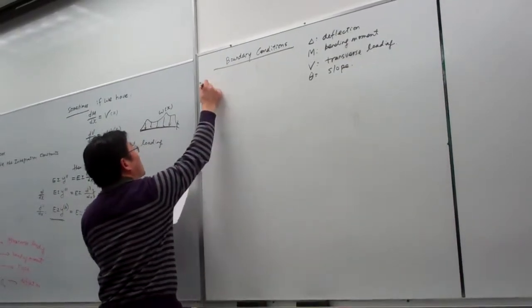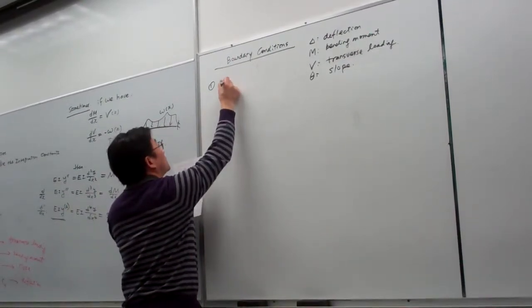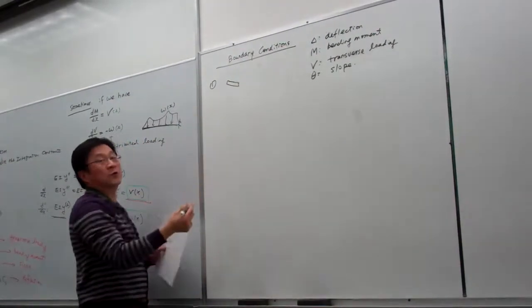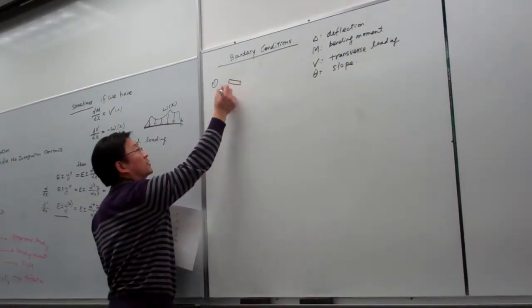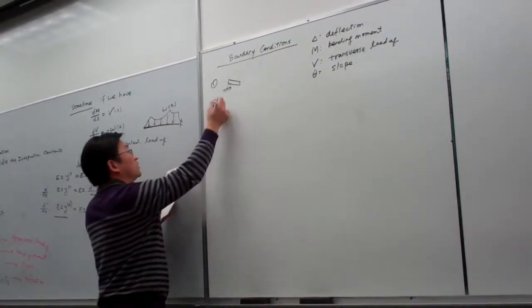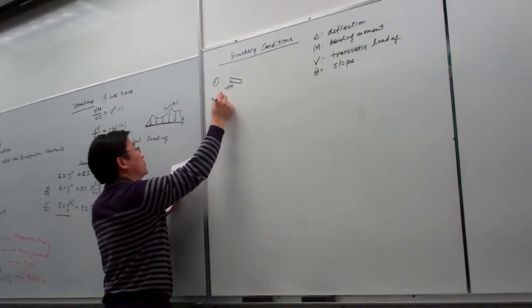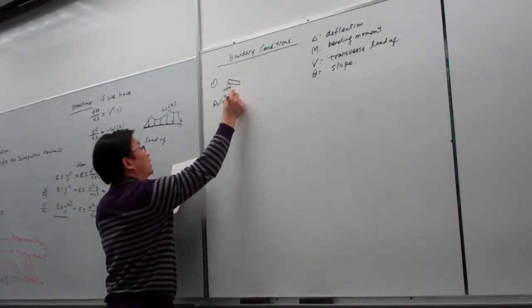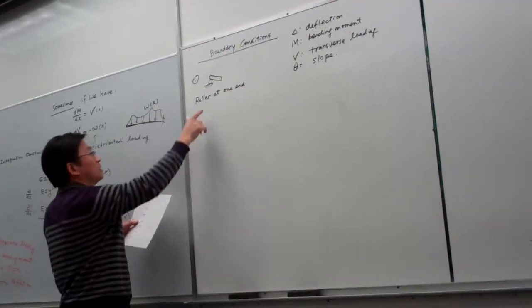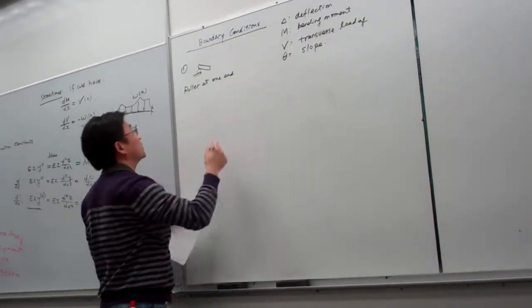Okay, so say this is a structure, and here I only draw a portion, so these are breaking lines. Here there is a support, which we call the roller, at one end. For this case, the boundary condition is this.